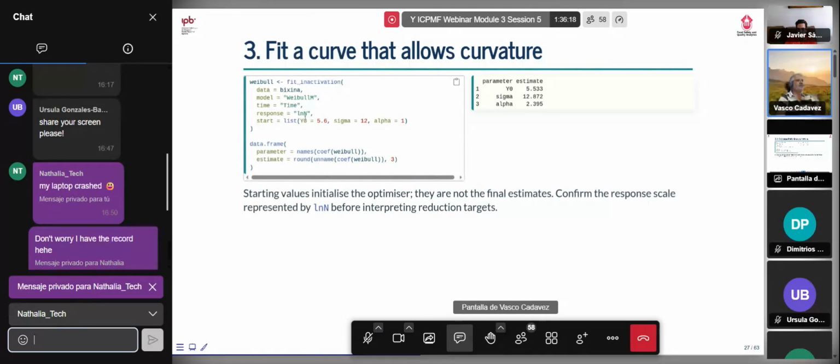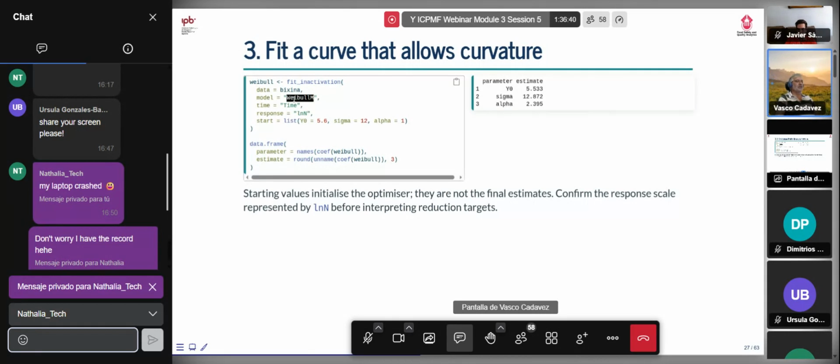Okay, so for fitting this, it's a simple curve, so it's easier. We don't need to split for different environmental levels. So we can use the fit inactivation curve directly, the data Vixina. You choose one inactivation model. I choose the Weibull Mafart, so you can.